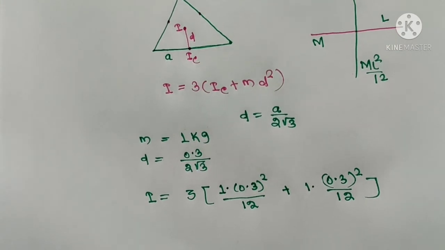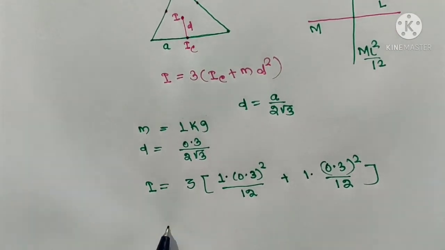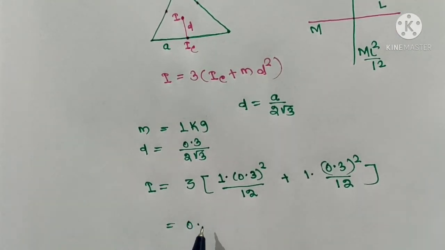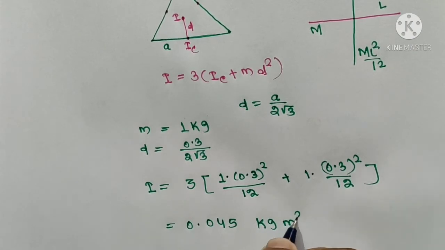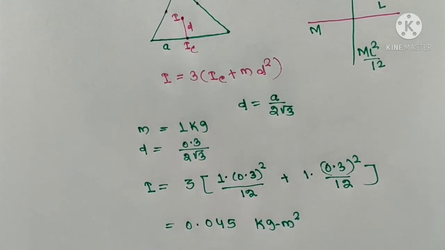Now you can calculate this, and it is equal to 0.045 kg meter square. So your correct option is option B.